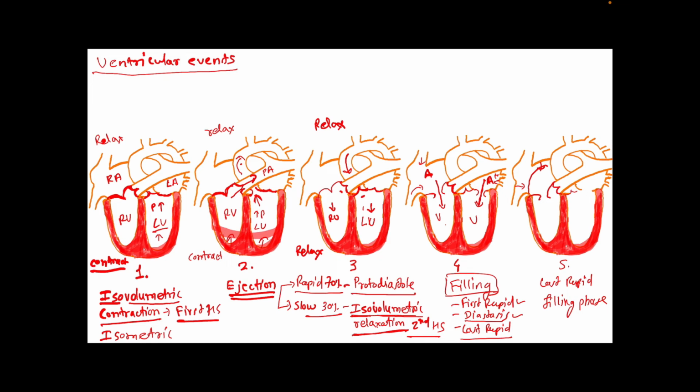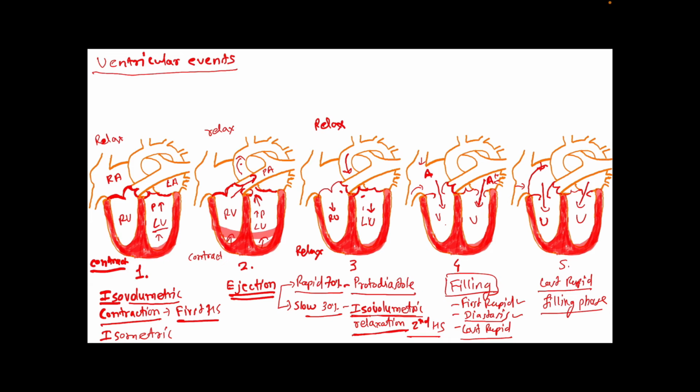Here again in this phase also the atrioventricular valves are open. So atria will pour blood, that is around 20% of the blood which ventricles receive in this filling phase comes during the last rapid filling phase. So here the blood which is coming from atria is due to the atrial contraction.